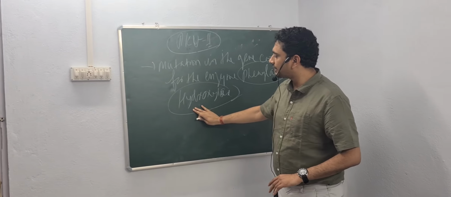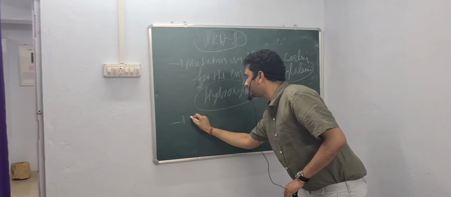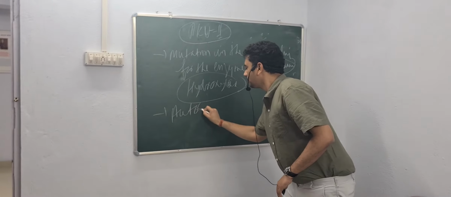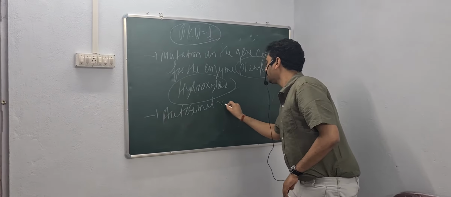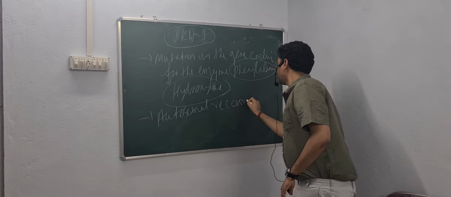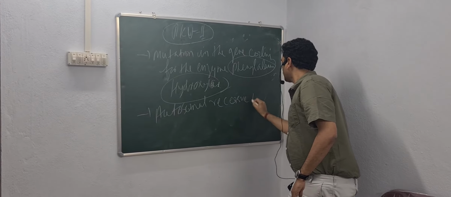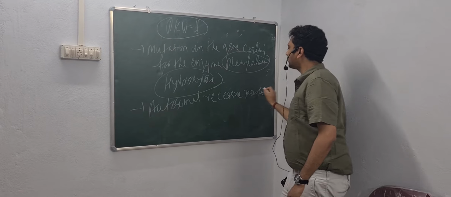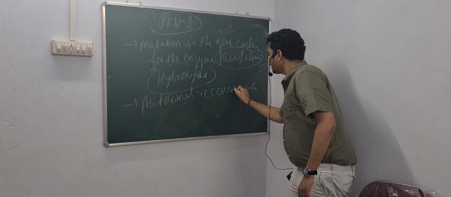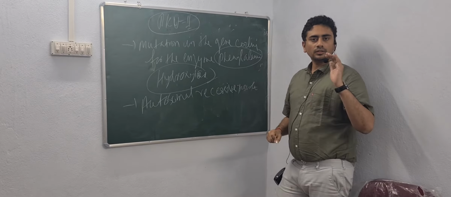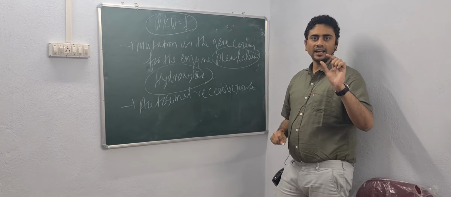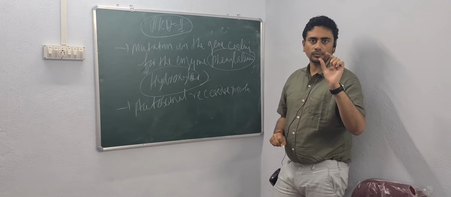So this is the main defective enzyme, and it is an autosomal recessive disorder. It means the gene which codes for phenylalanine hydroxylase is present on chromosome number 12.